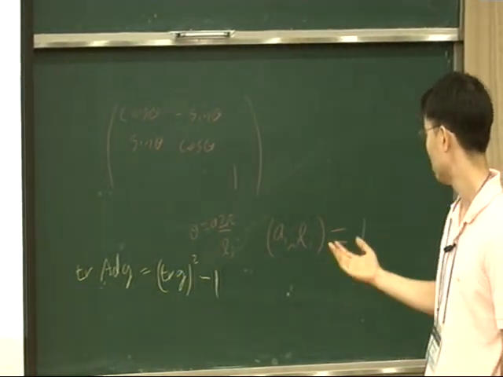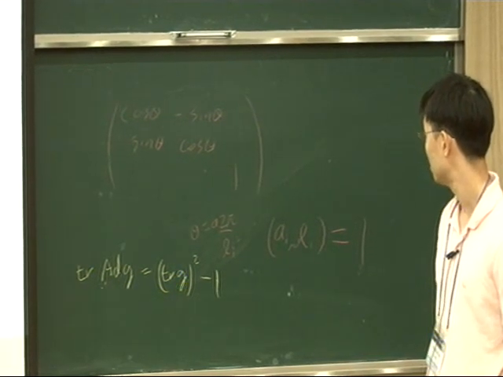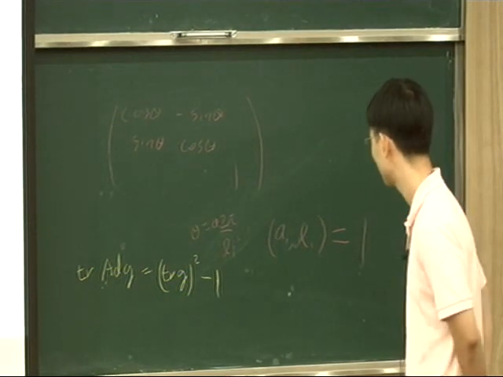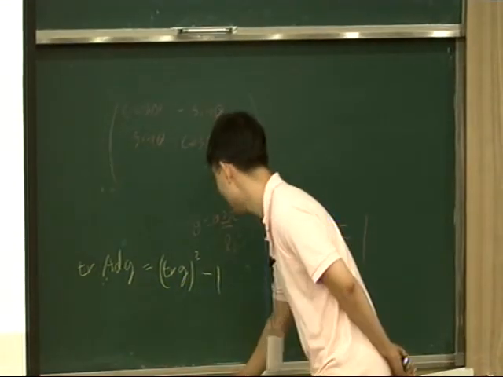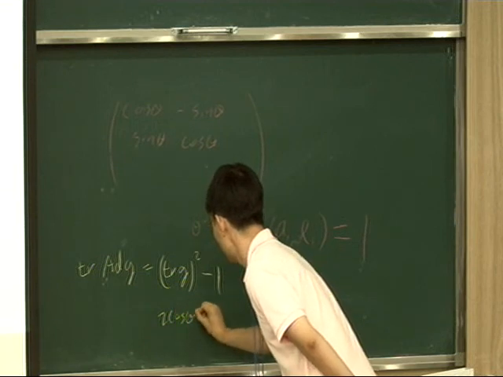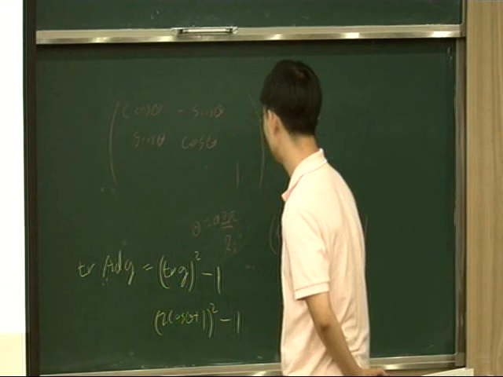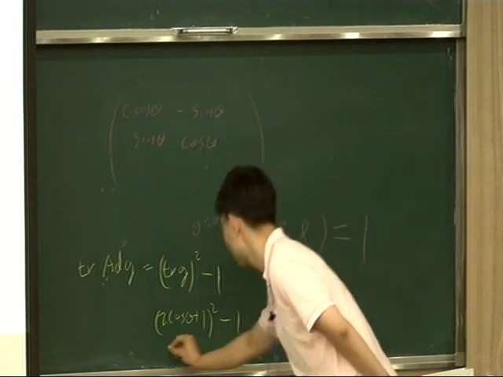So if cos square of theta is in K, then this is 2 cos theta plus 1 squared minus 1.